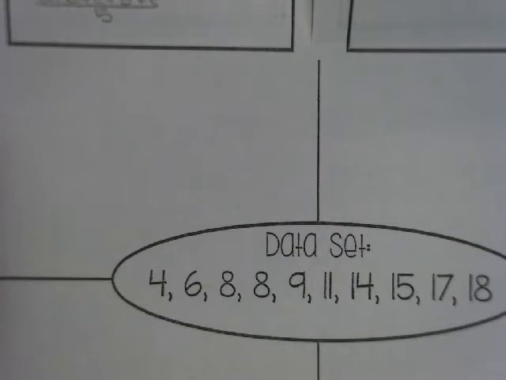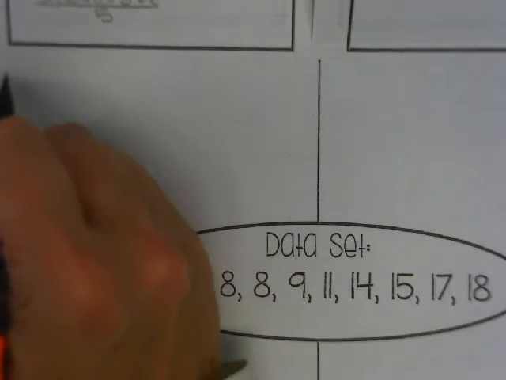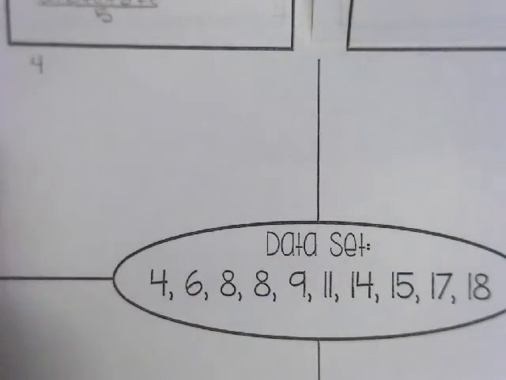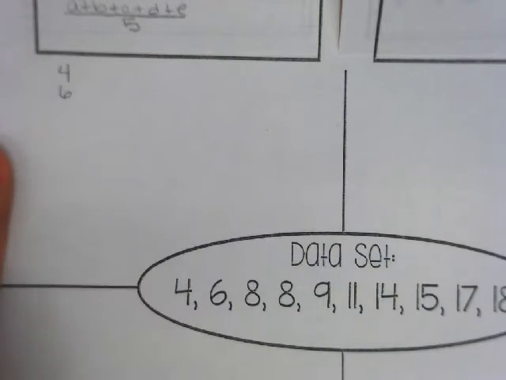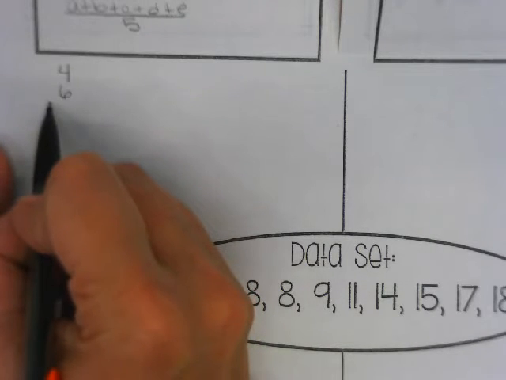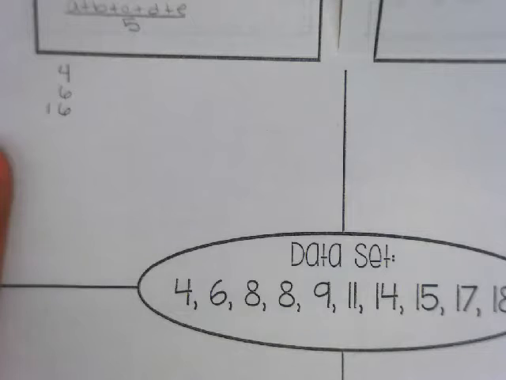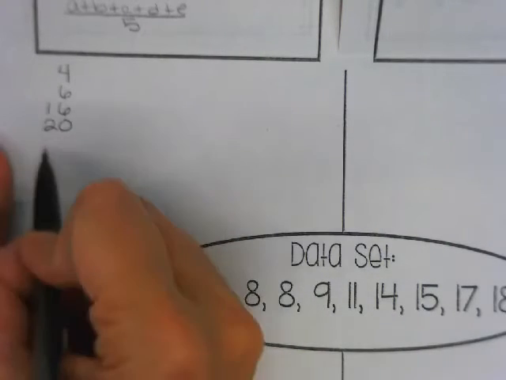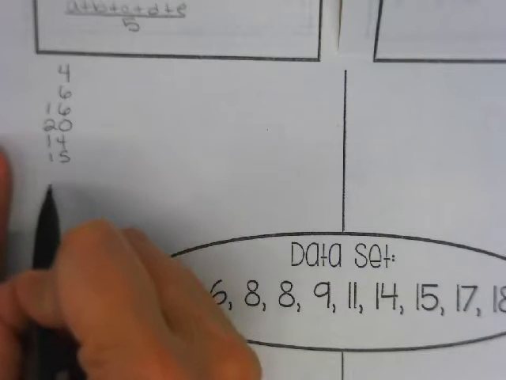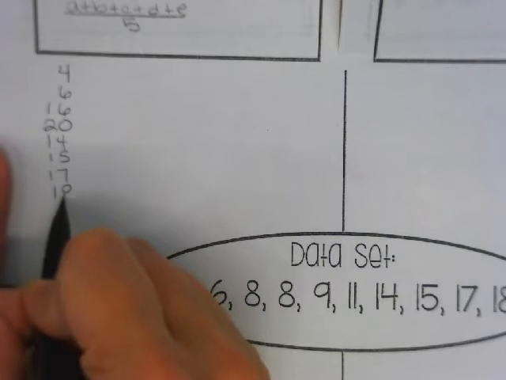So we need to add up all of these numbers. Make sure you line up your 1s and your 10s. So we have 4 plus 6. We have 2 8s. Do we want to write 2 8s or can we write 16? I think that would be easier. We have 9 and 11. Do we want to write 20? We have 14. We have 15, 17, and 18.